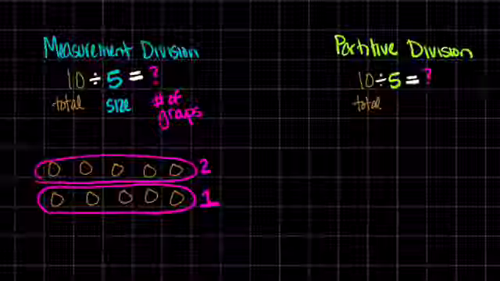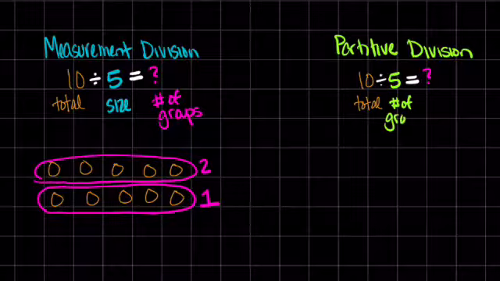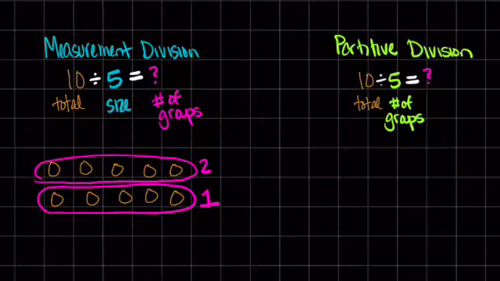This time the 5 is going to tell me my number of groups. Okay, for measurement division, the 5 was telling me the size of my groups. For partitive division, the 5 is telling me how many groups I have. And the thing that I'm looking for this time is the size of the group.